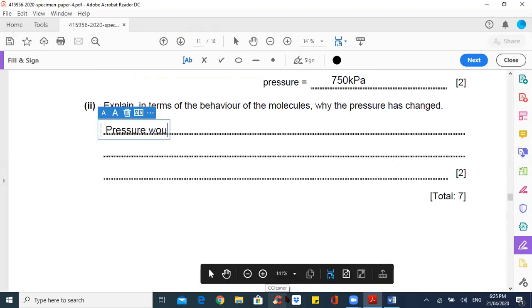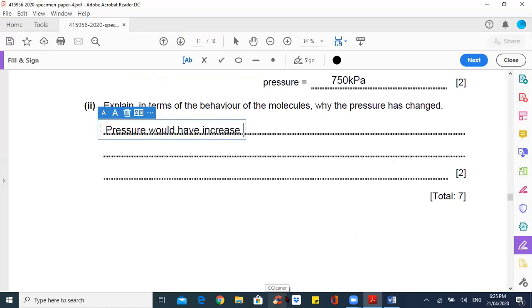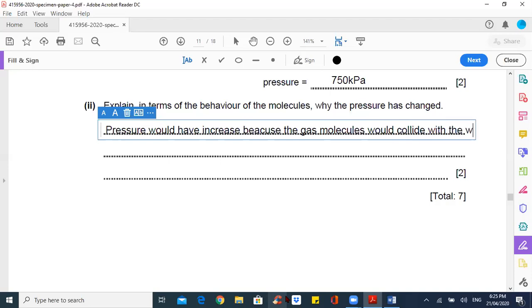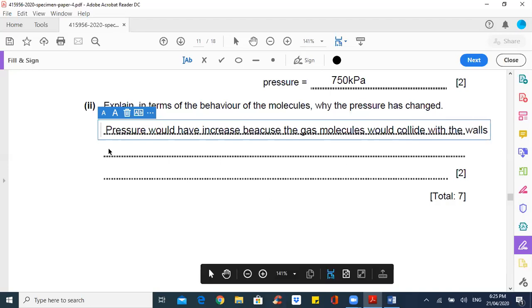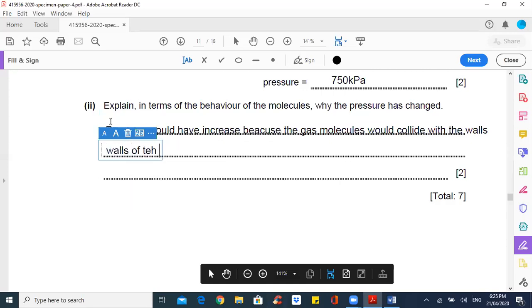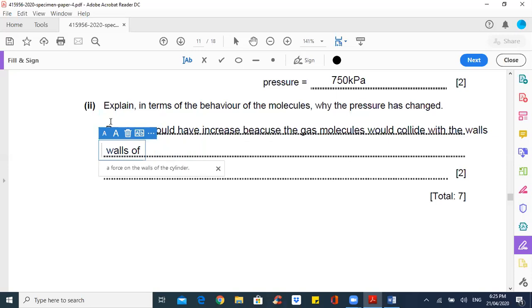Pressure would have increased because the gas molecules would collide with the walls of the cylinder more often since the area is much smaller.